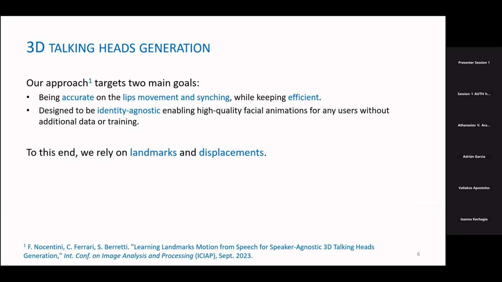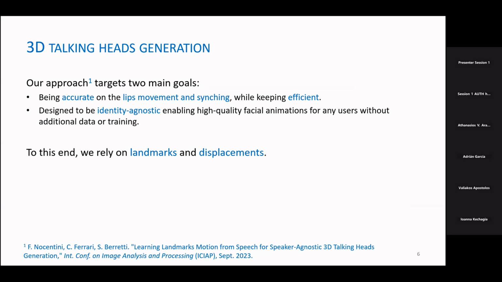And the other is that with these landmarks, we can extend the movement to the overall face, and we do this working not with absolute coordinates of the points of the face, but just with displacements.